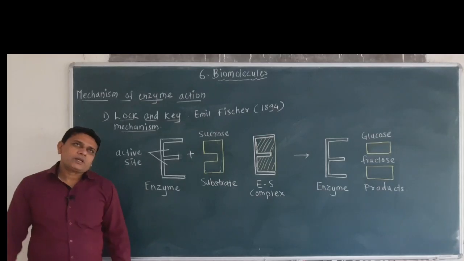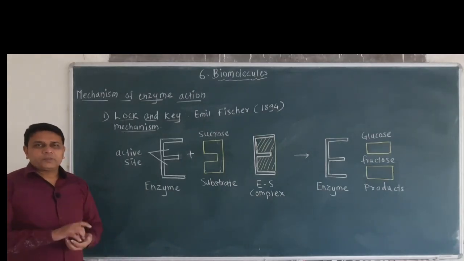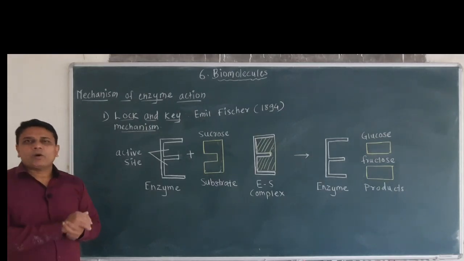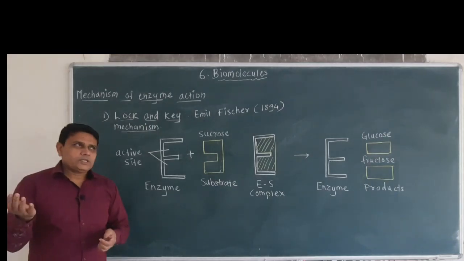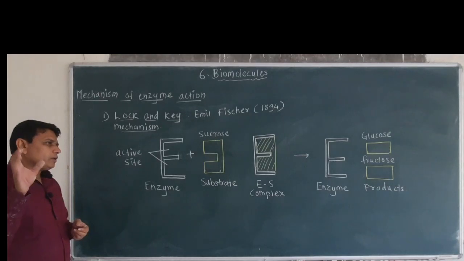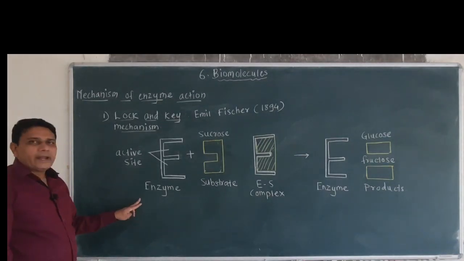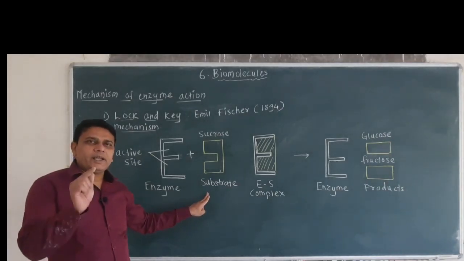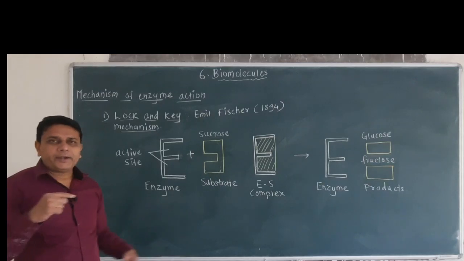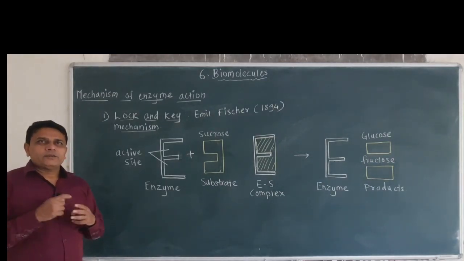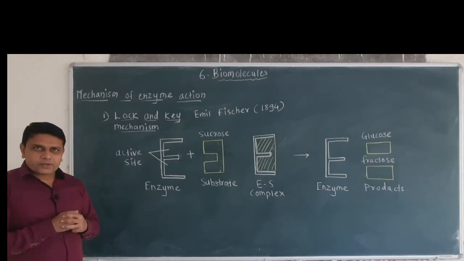So Emil Fischer, while studying on the mode of enzyme action or mechanism of enzyme action, he noticed that the enzyme acts like a lock while substrate acts like a key, and they fit into one another in such a way that they form a enzyme substrate complex.